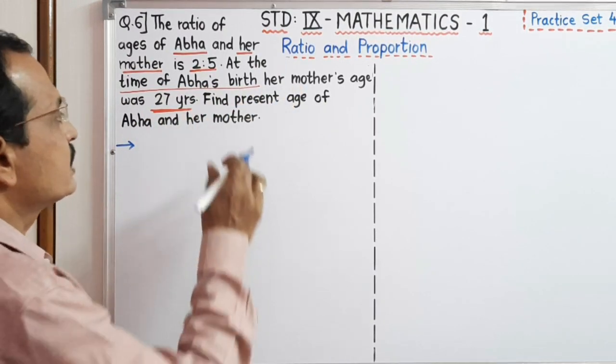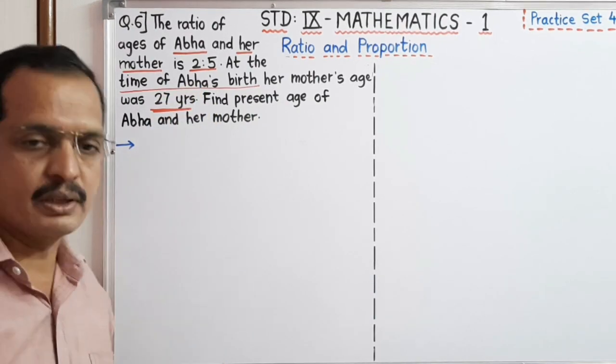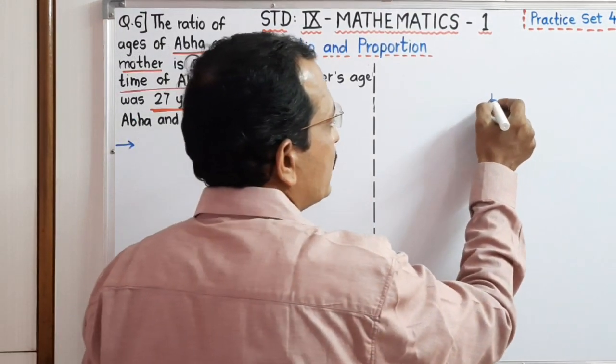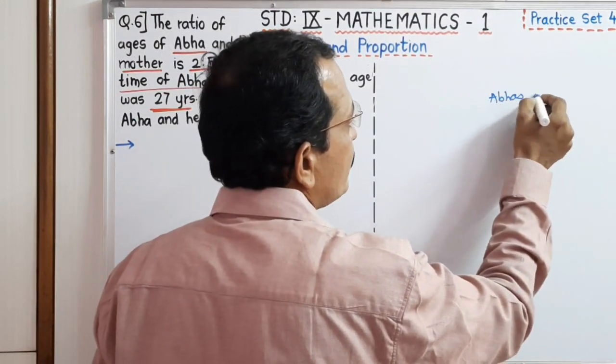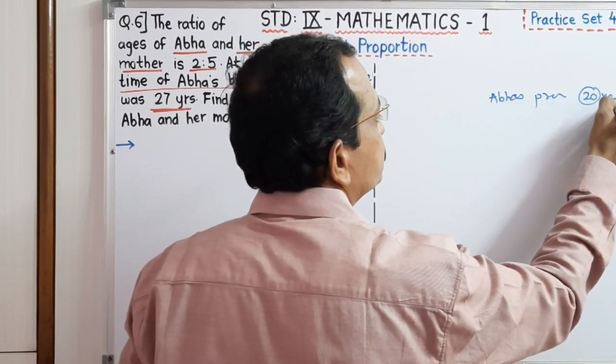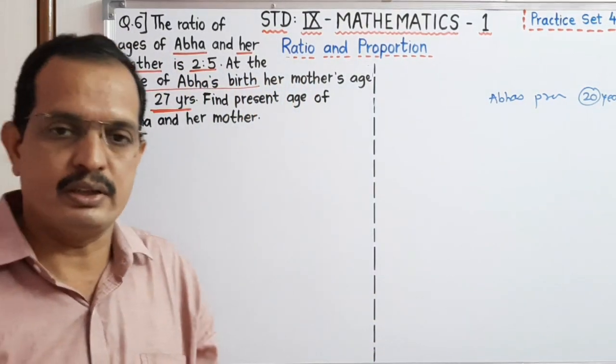Dear student, first understand the meaning of this sentence. At the time of Abba's birth means, see dear student, suppose Abba's present age is 20 years.